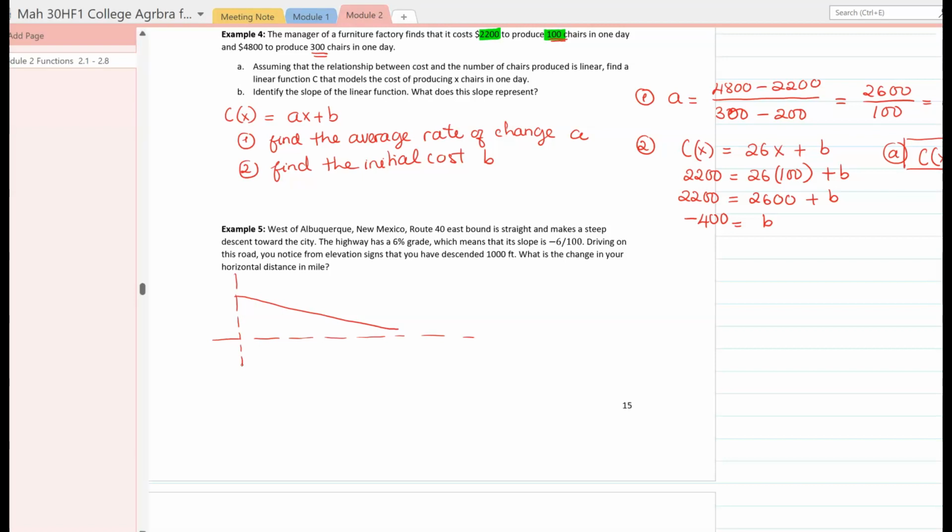Now, you have descended 1,000 feet, which means from where you started to where you noted where you are, this distance here is 1,000 feet. And you are asking for the change in your horizontal distance. What is x equal to?